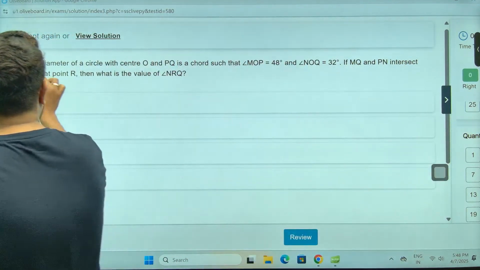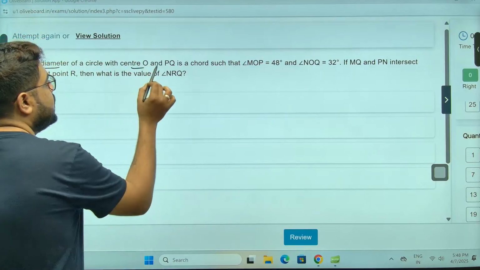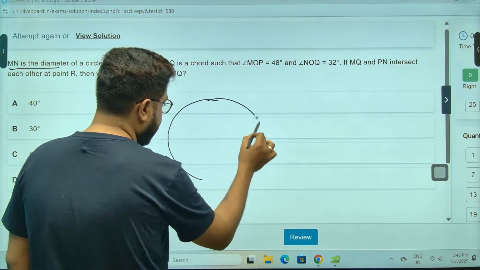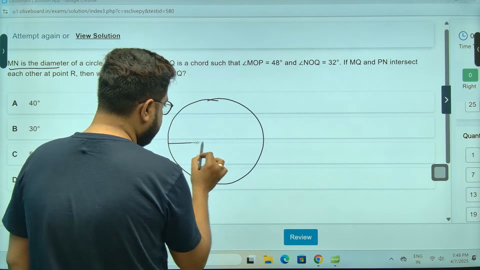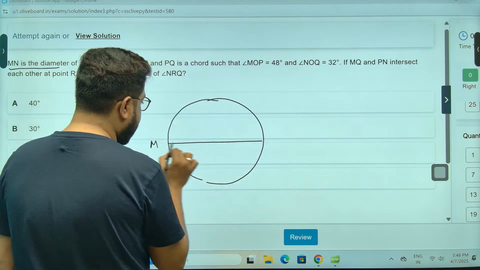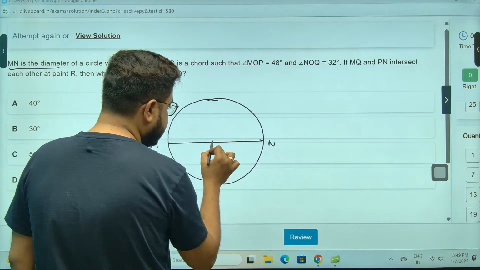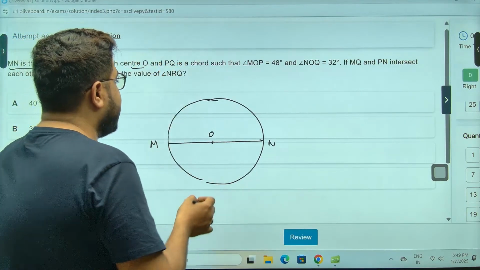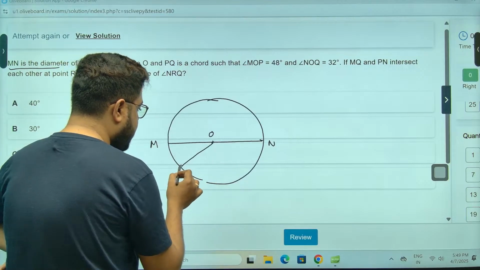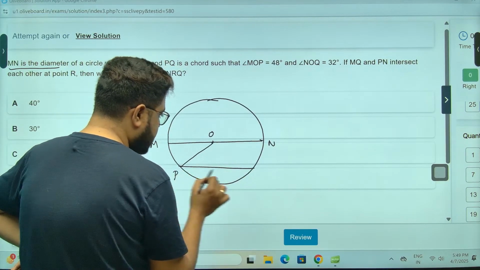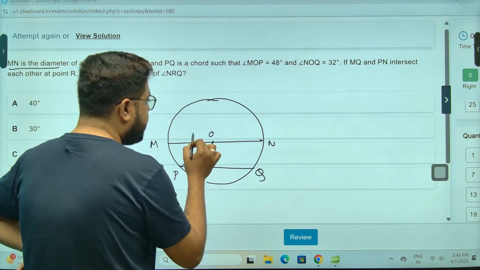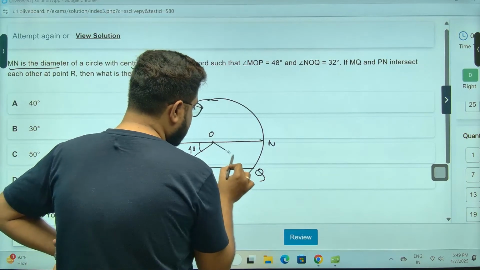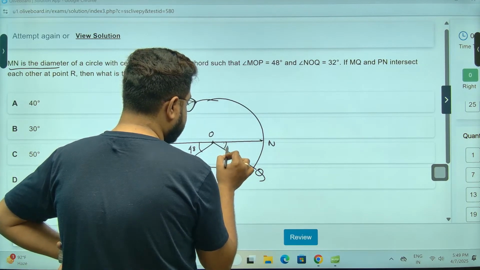MN is the diameter of a circle with center O, and PQ is a chord such that angle MOP is 48 degrees, angle NOQ is 32 degrees.